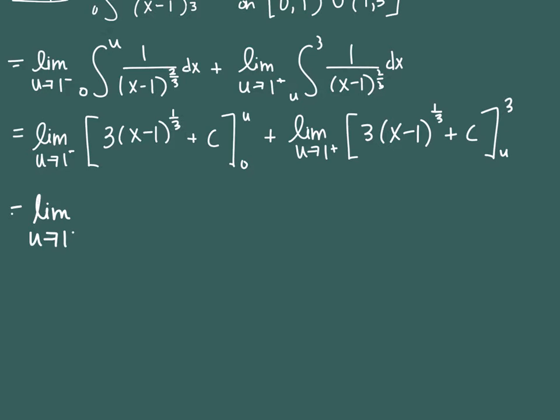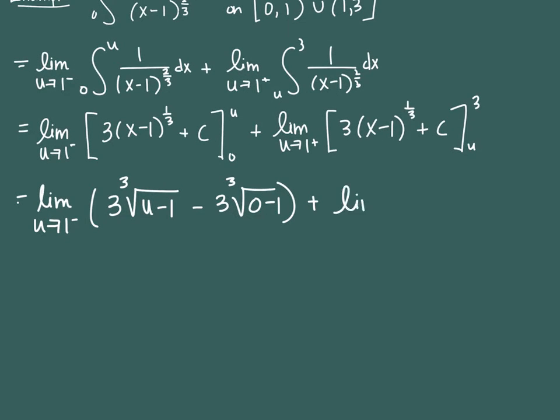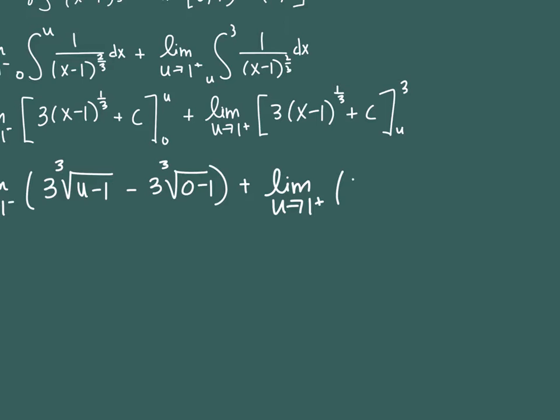So the safe side of 1 is the negative side, and we're looking at the limit of 3 times the cube root of u minus 1, minus 3 times the cube root of 0 minus 1, plus the secondary limit of 3 times the cube root of 3 minus 1 minus 3 times the cube root of u minus 1.